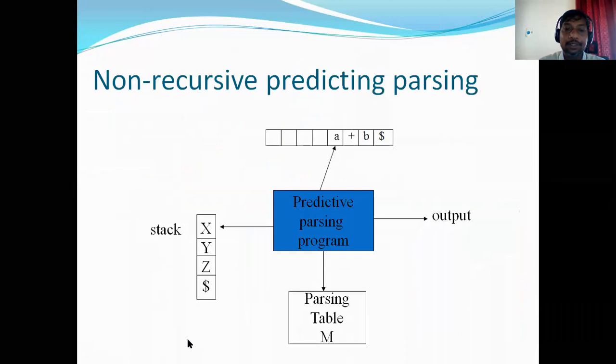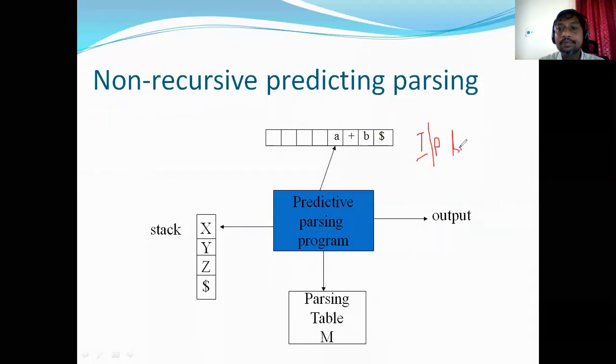bottom-up parsers. As I told you earlier, this is the schematic of predictive parsing. In predictive parsing, we will be having four components: an input buffer to hold the input, a predictive parsing program called the driver routine, a parsing table, and a parsing stack.